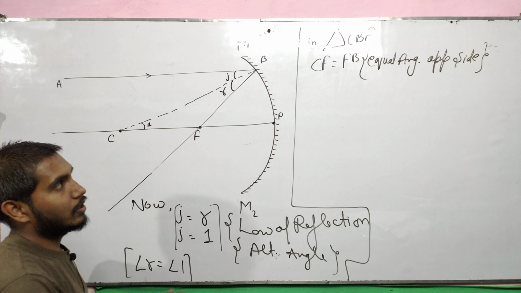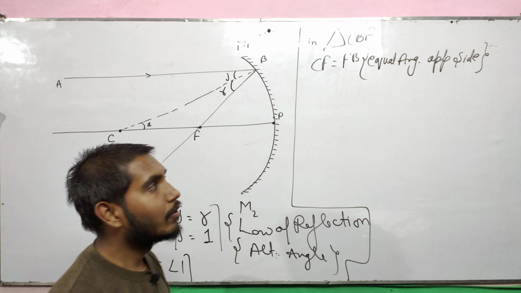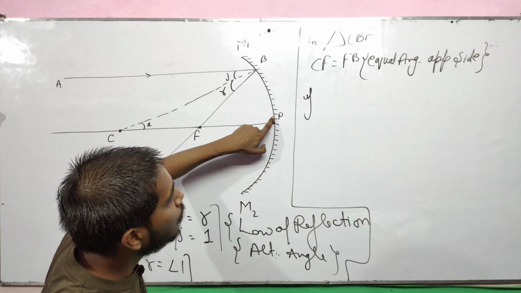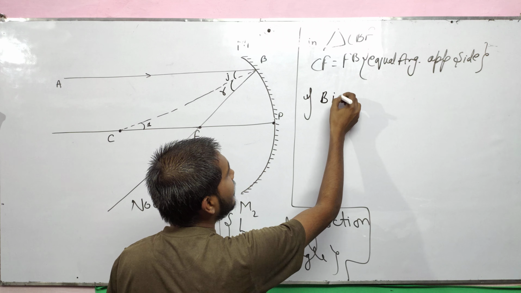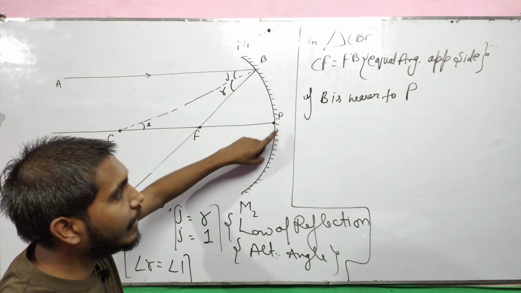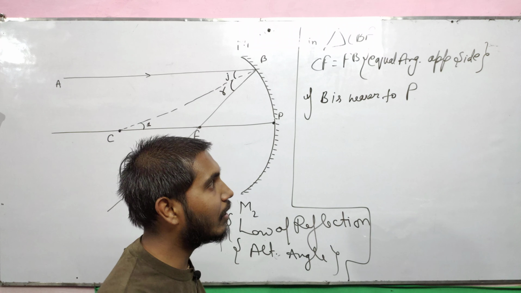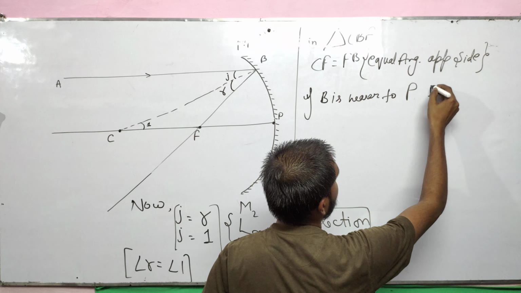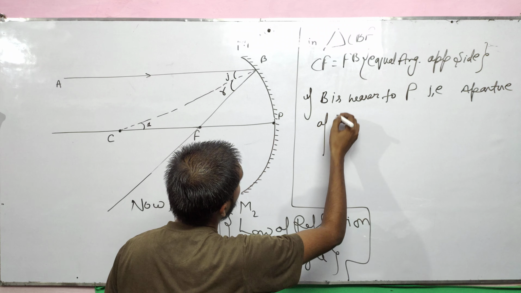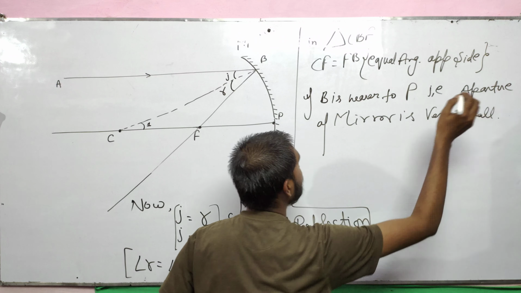Now, try to understand. If B is located nearer to P, B is nearer to P when the aperture of the mirror is very small.